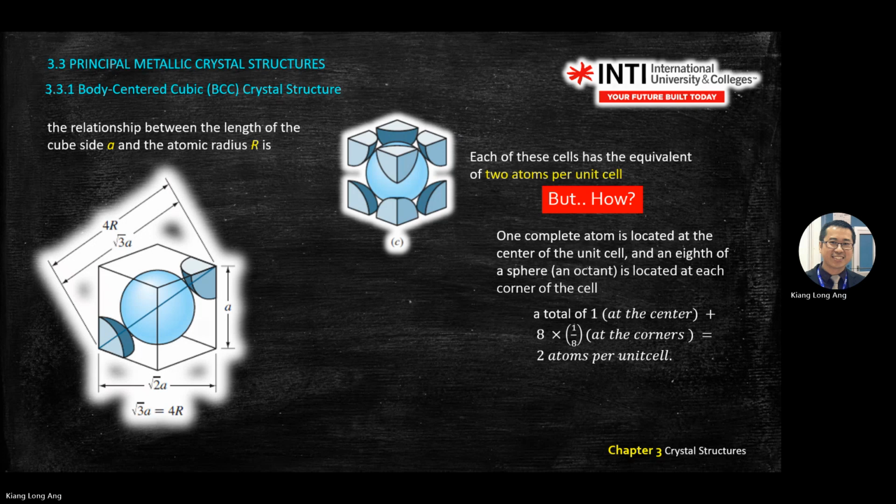So y equals square root of a squared plus 2a squared, correct? So you get square root of 3a squared. That's why you get square root 3 a. Make sense?